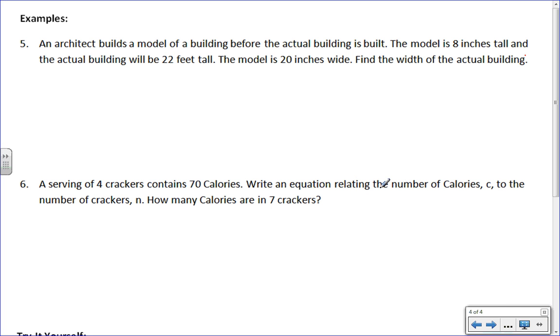Okay, so let's draw a brief picture here. We're talking about a model of a building compared to an actual building. So here's our model, and then the actual building.